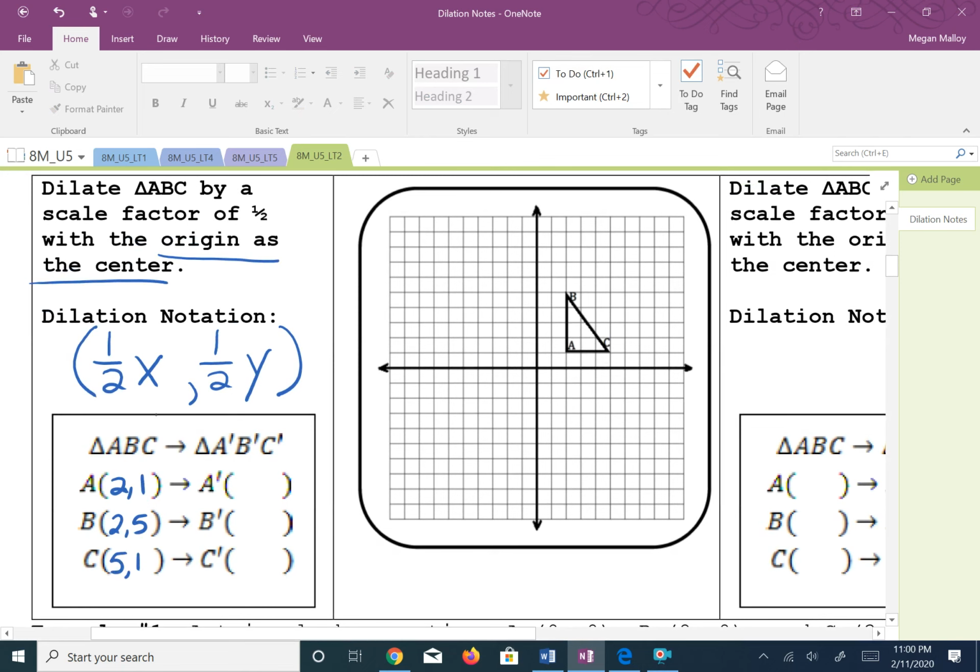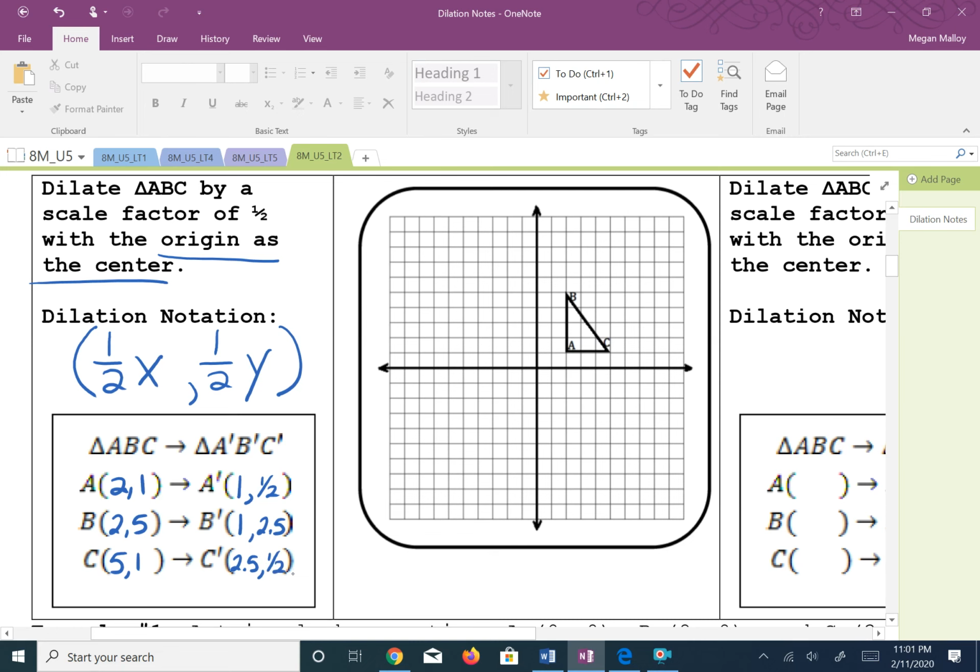So if I take each of those points and multiply each value by half, my image of A, 2 times 1/2 is going to be 1, and 1 times 1/2 is going to be half. B, 2 times 1/2 is 1, 5 times 1/2 is 2.5. And then C, 5 times half would be 2.5, and 1 times half would be half.